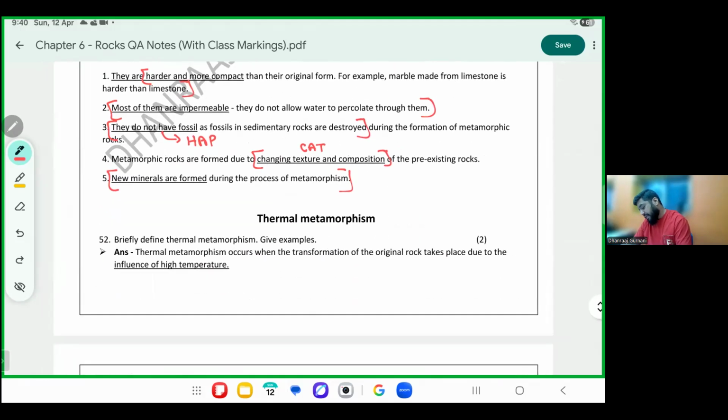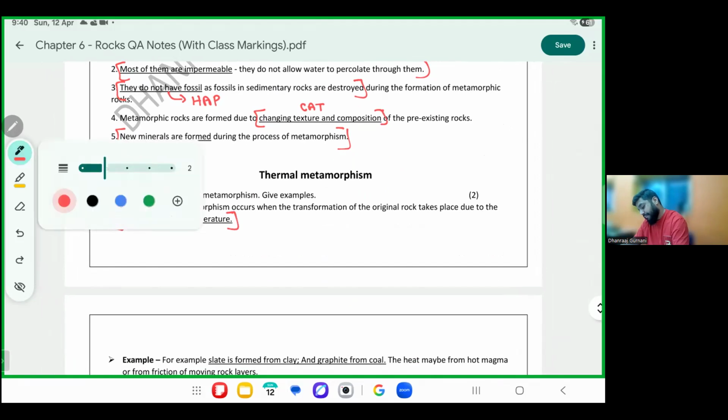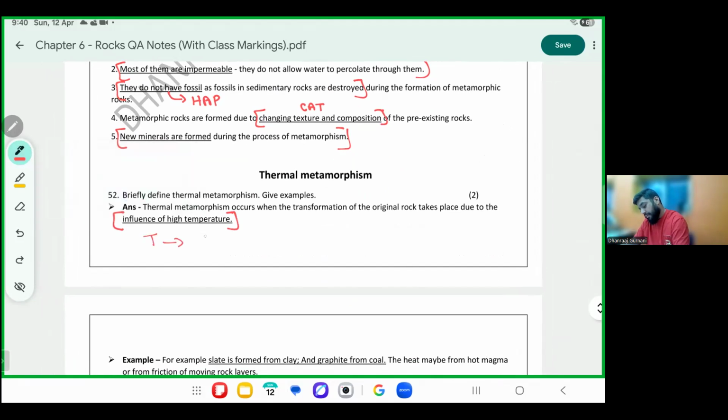Thermal metamorphism takes place due to the influence of temperature. Please write T for thermal, T for temperature. So under this HAP, what is more active here?